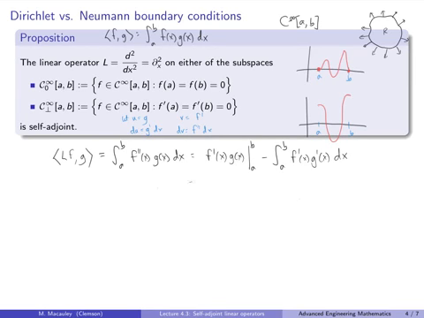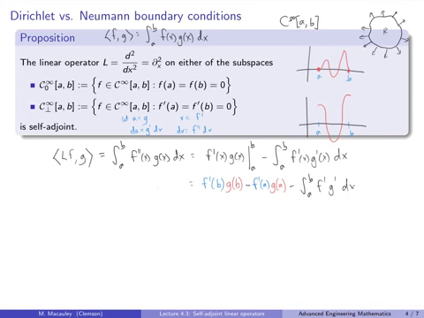And now I'm just going to write this out a little bit. I'm going to plug b in here, and I'm going to write that as f prime of b times g of b, minus f prime of a times g of a, and then minus the integral from a to b of f prime g prime dx.